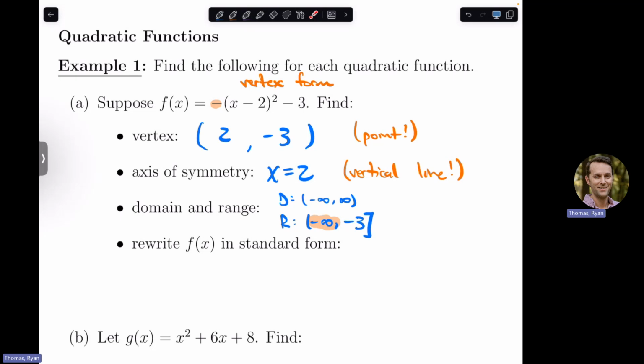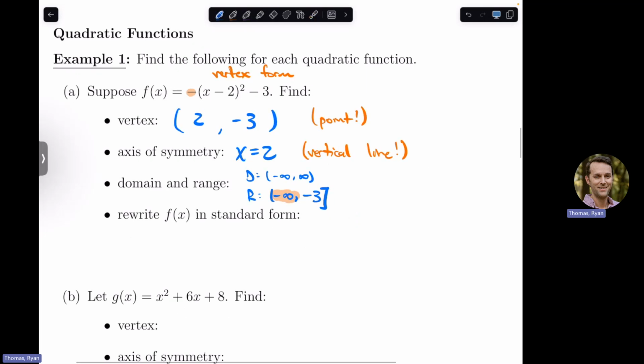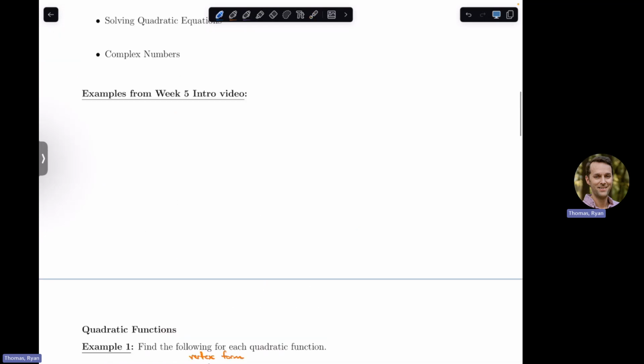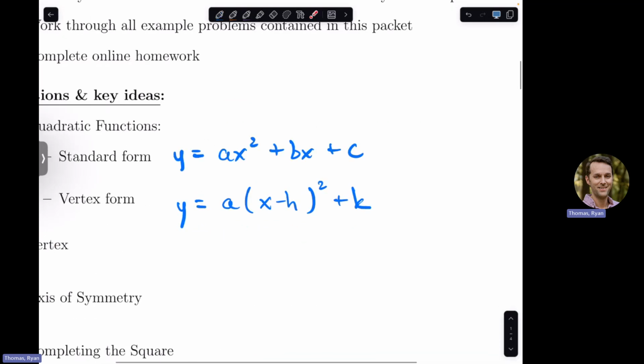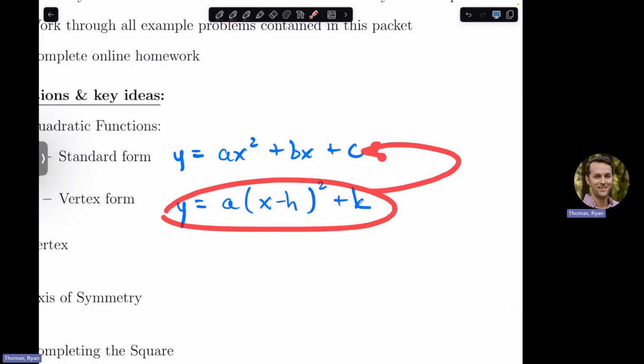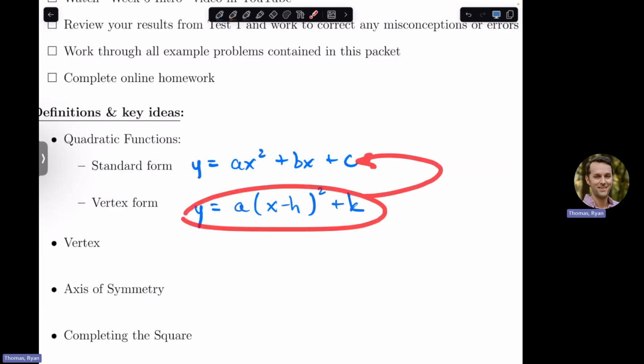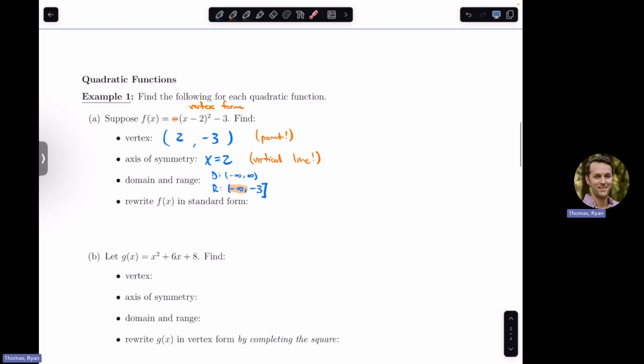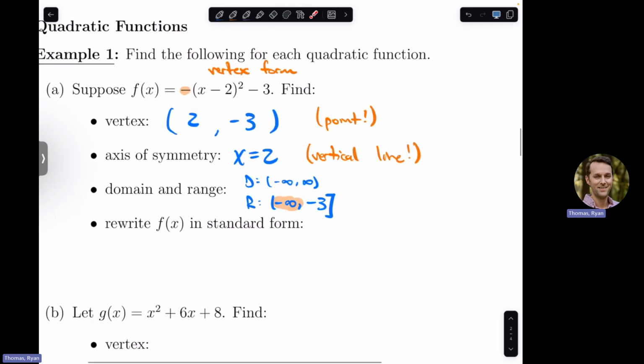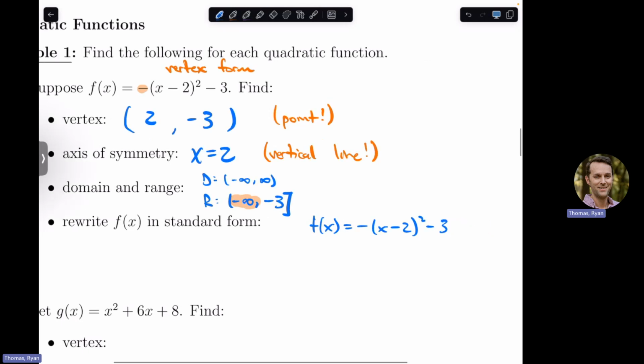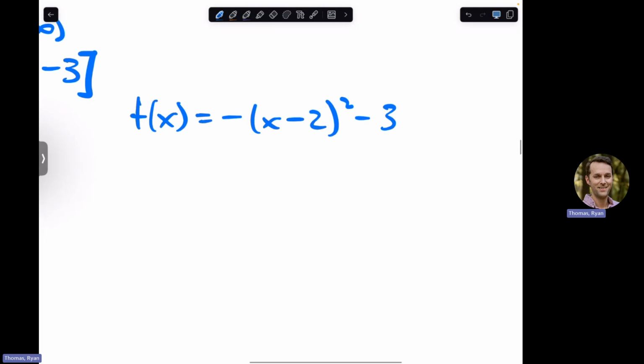Okay, what about rewriting it in standard form? I want to go from a thing that looks like this to a thing that looks like that. So what do we do? Yeah, we just start simplifying things. (x minus 2) squared minus 3. If I'm going to use algebra to expand this, where should we start?